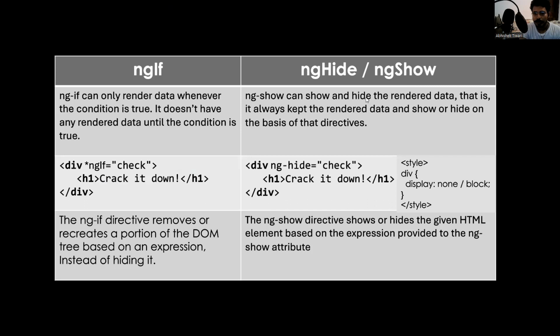NgShow can show or hide the data. That is, it always keeps the render data and shows or hides on the basis of that directive. In NgIf, it's saying it does not have any render data. Here it's saying it always keeps the render data and shows or hides on the basis of that directive.